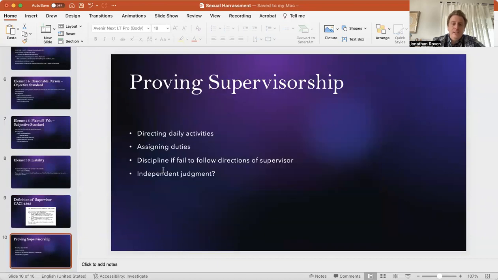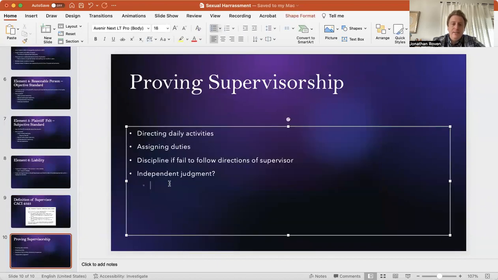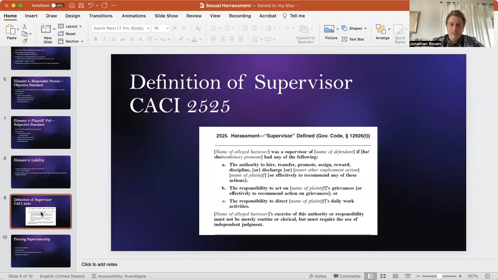So what the defense tries to do is overanalyze it by saying, well, they couldn't exactly do anything without the authority, without the direction of someone that is higher than them, who is the real supervisor.